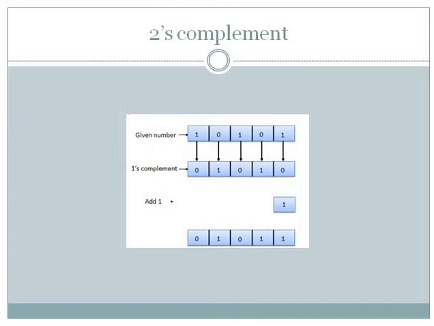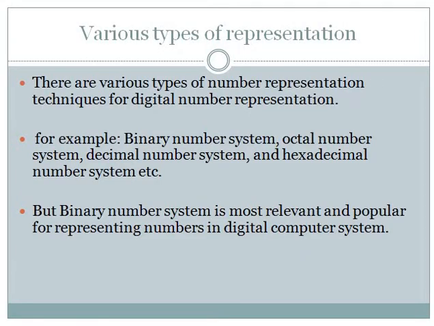Now we will see the various types of representation. I have already said that we are going to see the complements as well as the representation, that is floating point and fixed point representation.